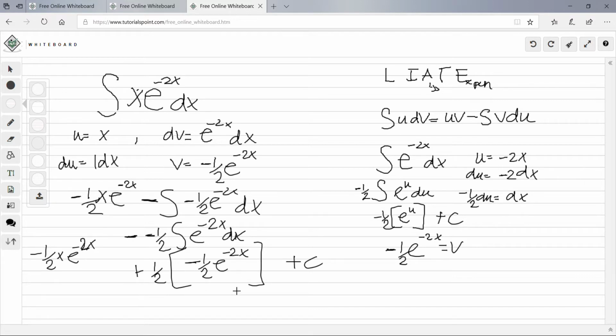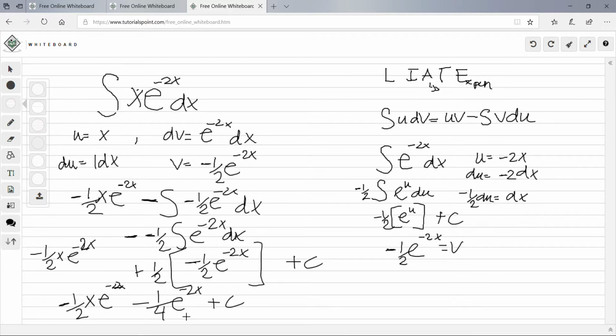So your final answer should be, I'll put it right here. Okay, so this should be -1/2 x times e to the -2x minus 1/4, because 1/2 times -1/2 is -1/4, e to the -2x plus c.